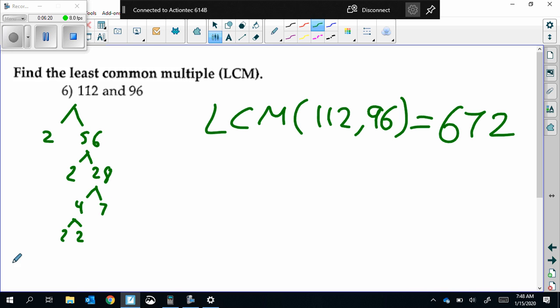So for 112, it's 2 times 2 times 2 times 2 times 7. And then 96 is 2 times 48. 48 is 6 times 8.